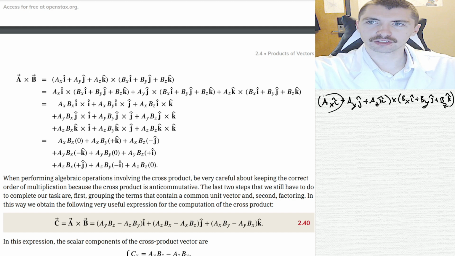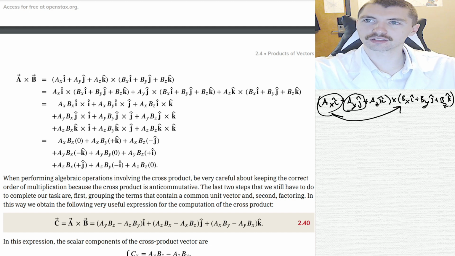So they're taking this and they're distributing it across this. Okay, and then they're taking this whole thing and they're taking this.